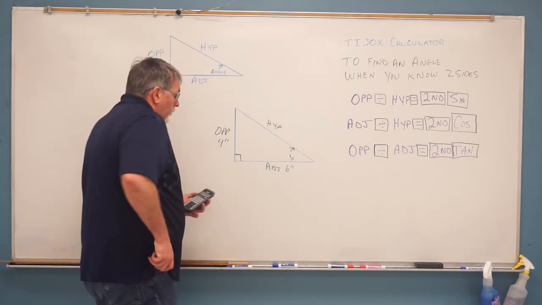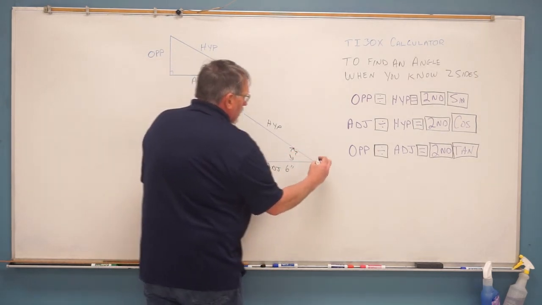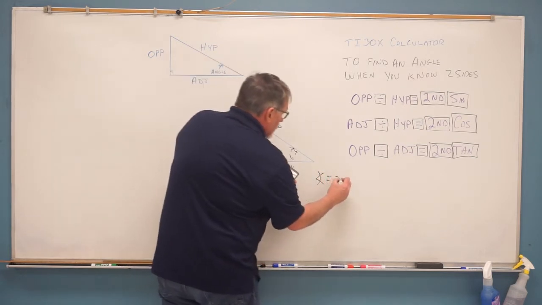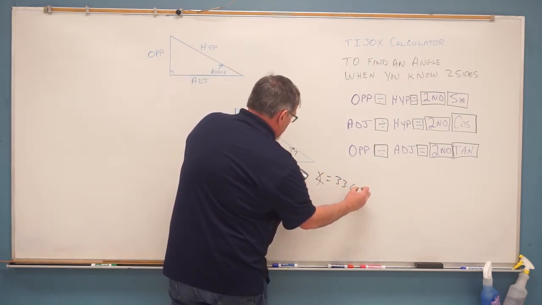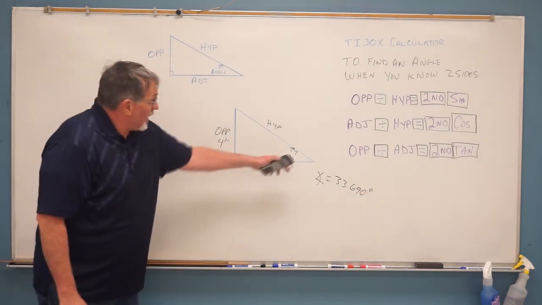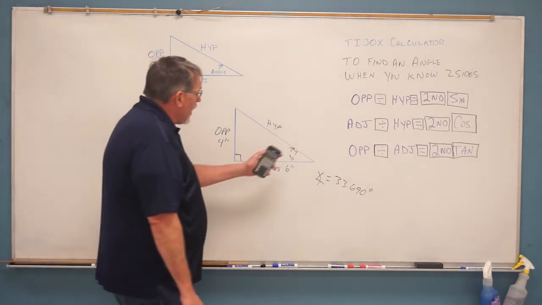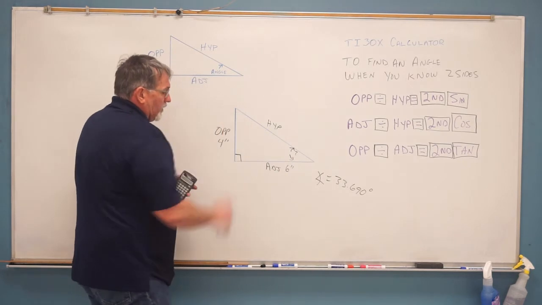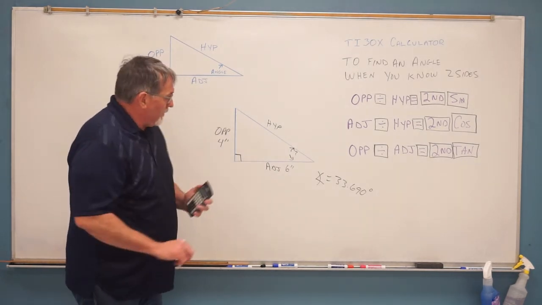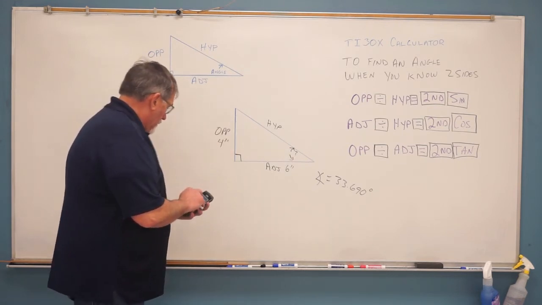So our unknown angle here, this is the symbol for angle, is going to equal 33.690 degrees. So this angle now equals 33.69 degrees. Now if we know that, we could easily solve for what this angle is, but let's not do that. Let's change some numbers up and we'll figure for another problem.